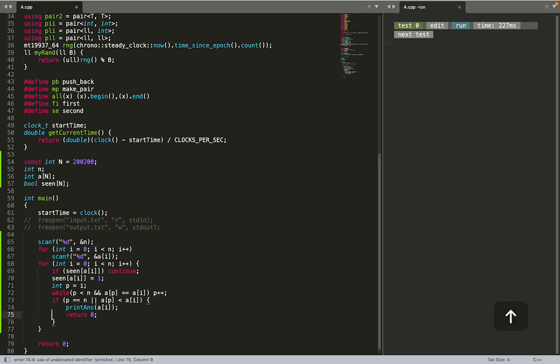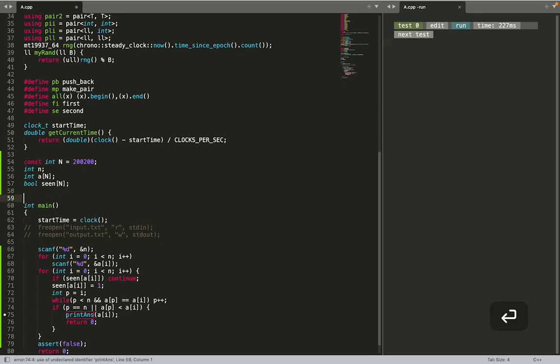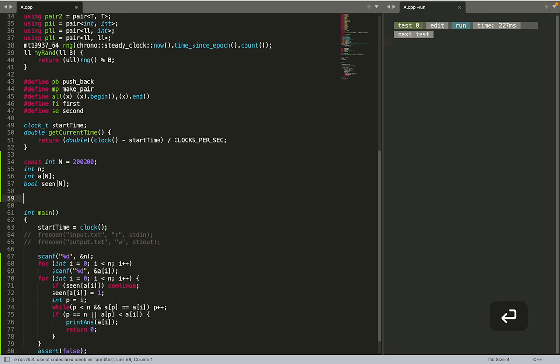Otherwise I do nothing, just continue. And like, I shouldn't be here. It's always good to erase the maximum element in the sequence.